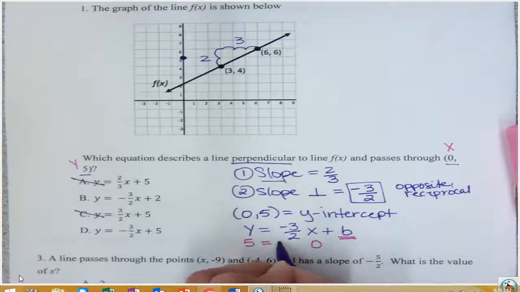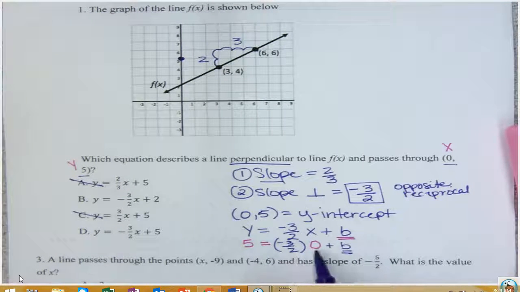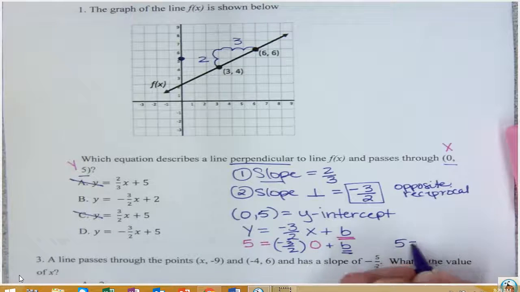Then I just plug it into this equation, plus b, that's what I'm looking for. 0 times negative 3/2 is 0. So I get 5 equals b.